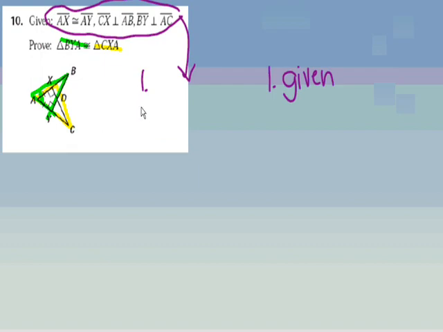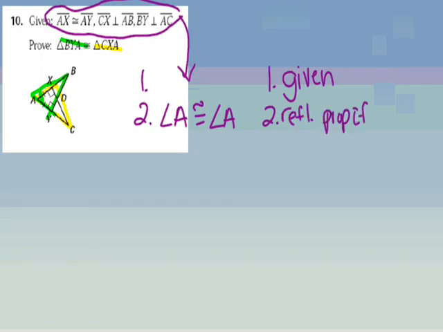Okay, and then two, we just said that angle A, and there's just one angle A, so we can go ahead and call it angle A. Angle A is congruent to itself, and that is my reflexive property of angle congruence. Okay, so now here's the deal.